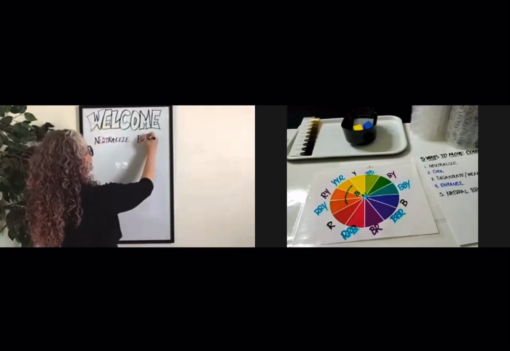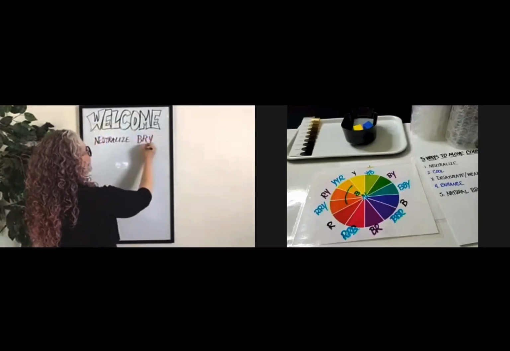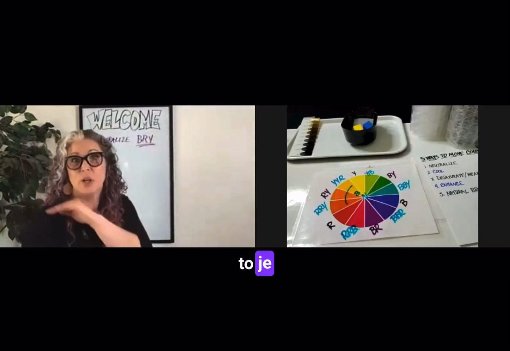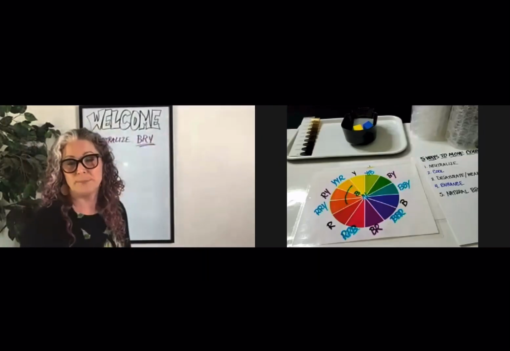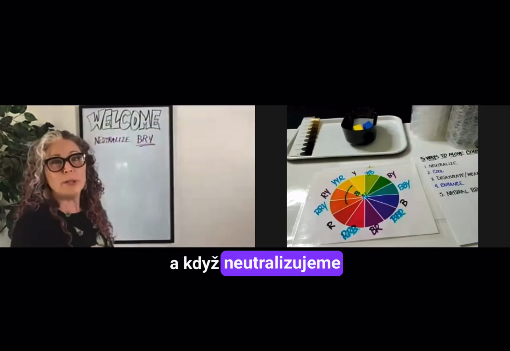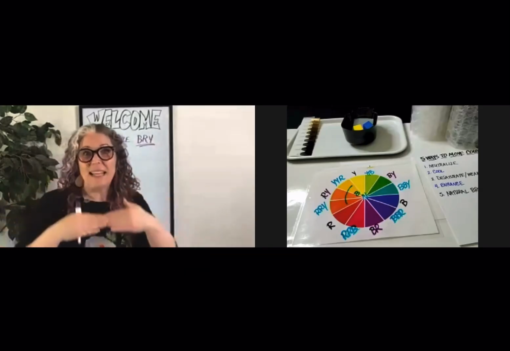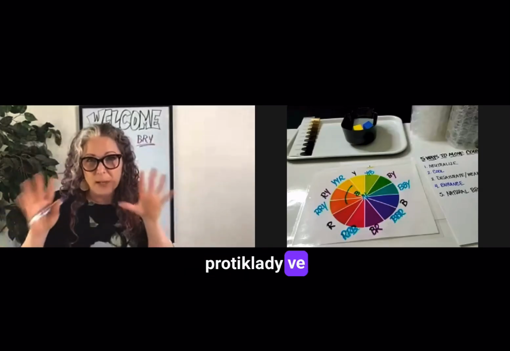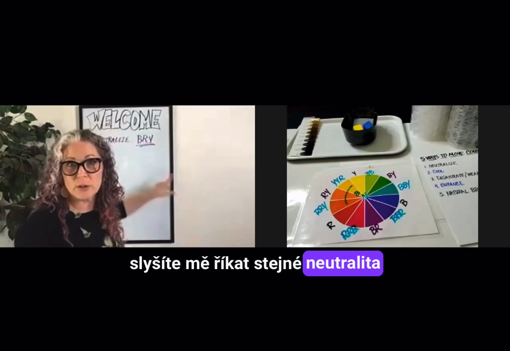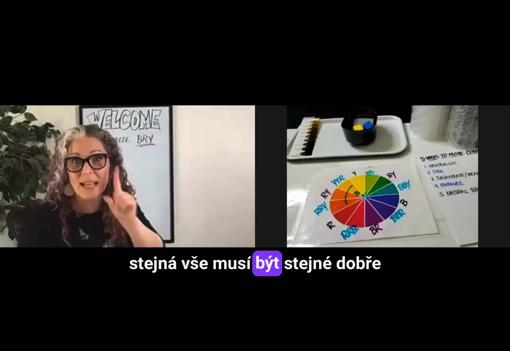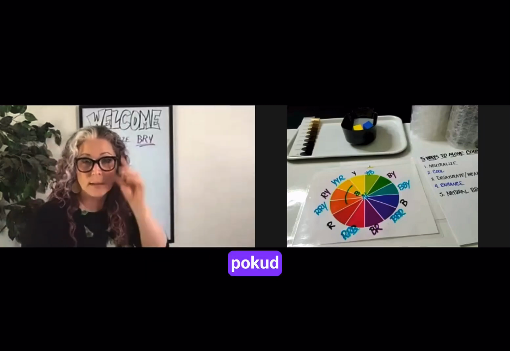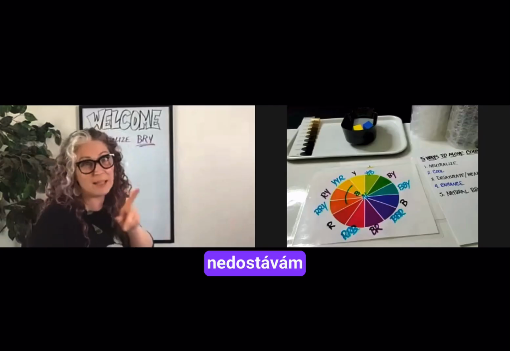Blue, red, yellow. That's neutral, center of the color wheel. And when we neutralize, we add the opposites in equal amounts. Everybody hear me say equal. Neutral is equal. Everything has to be equal. Okay, if I'm not equal, I'm not getting neutral.